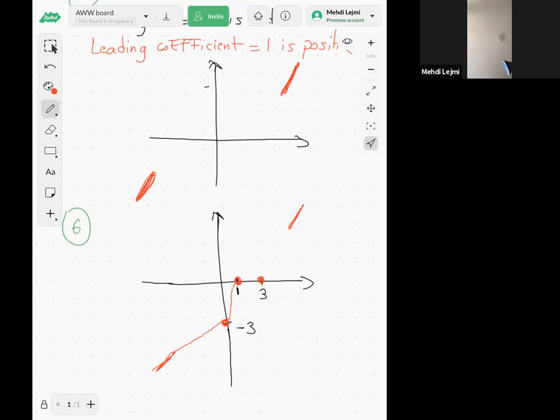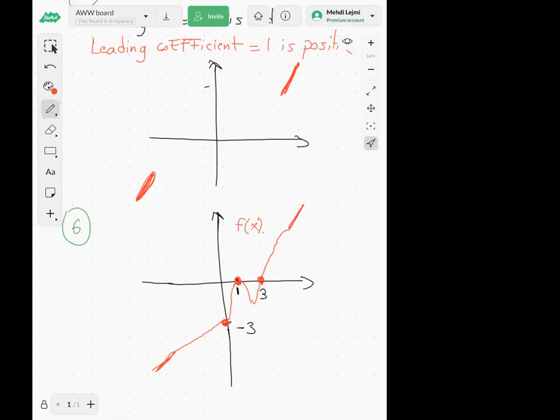So I'm going to touch the x-axis at 1 and then turn around, because the multiplicity is even. Next point would be 3, of course. At 3 the multiplicity is 1, which is odd, so all you have to do is cross the x-axis. I'm going to cross the x-axis, and then go to my positive infinity. All right, so that would be the graph of f of x.